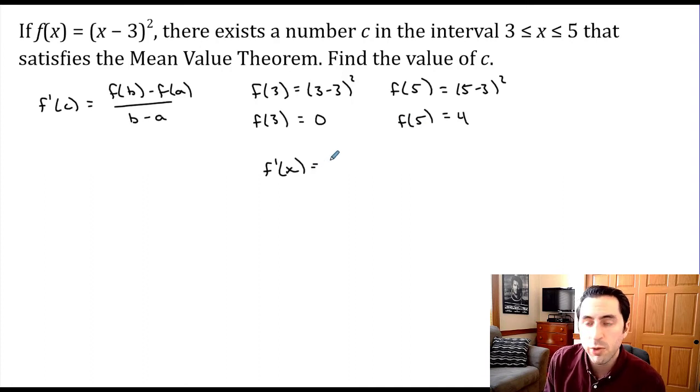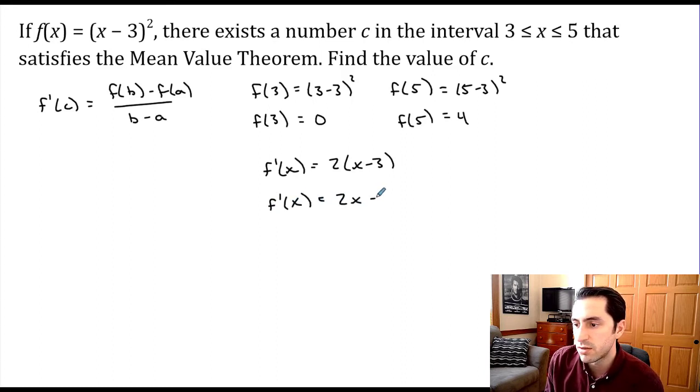So just using the power rule for functions, we'll bring the 2 down. And then we have x minus 3. We would subtract 1 from the exponent, but that would just be an exponent of 1. And using the chain rule, we would multiply by the derivative of the inside, but the derivative of the inside is just 1. And let's finish up by distributing the 2. So we get our derivative is equal to 2x minus 6.